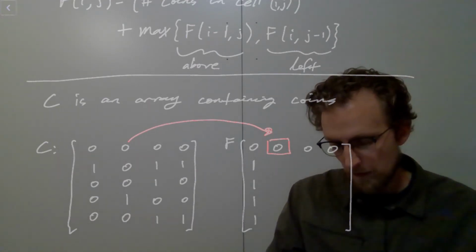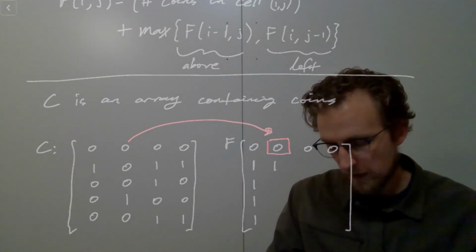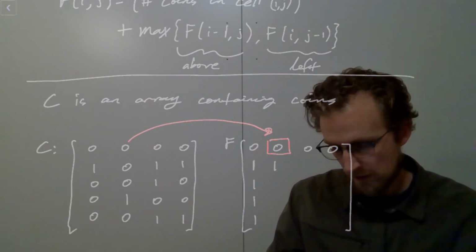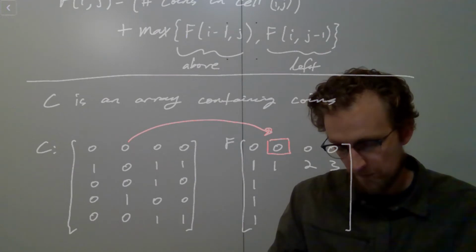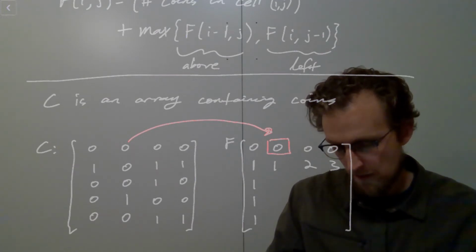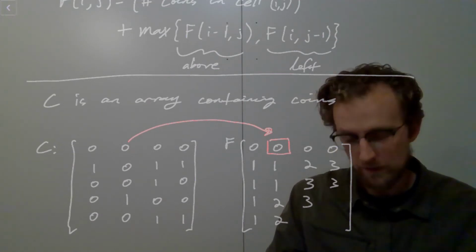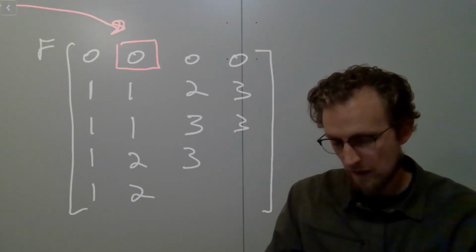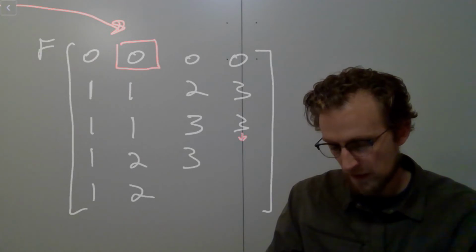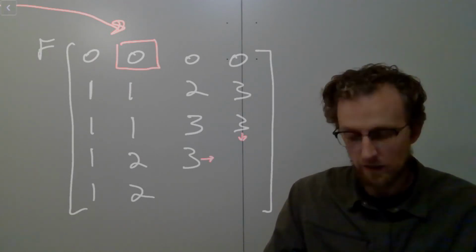Okay, so if I fill out the rest of this thing, I have to put a 1 here, and a 2 here, and a 3 here, and a 3 here, and a 1 here, a 2 here, a 2 here, 3, 3. All I'm doing is, every time I come to a cell, I'm comparing this number with this number and copying the larger one in.